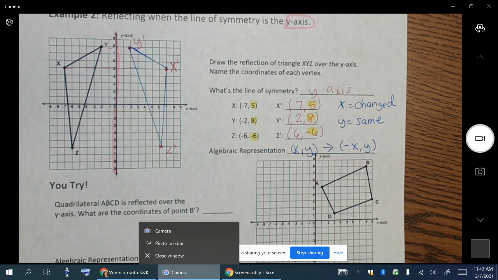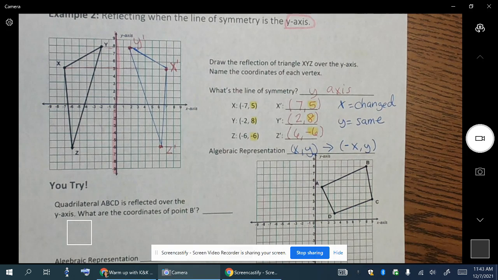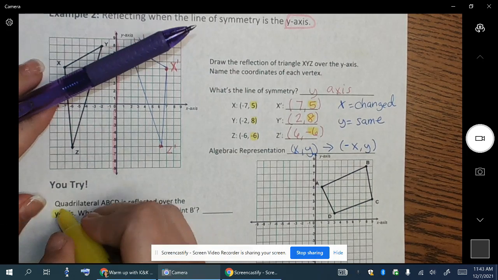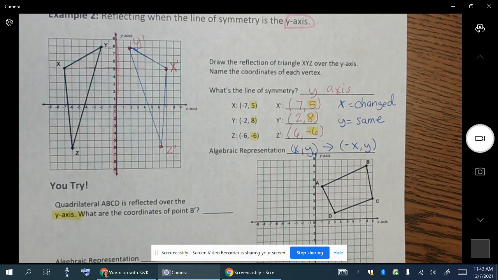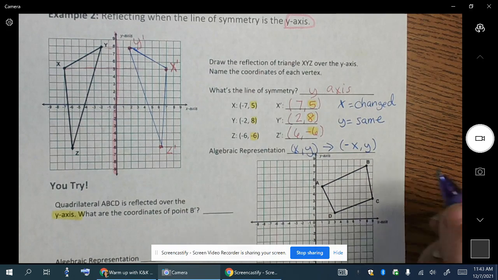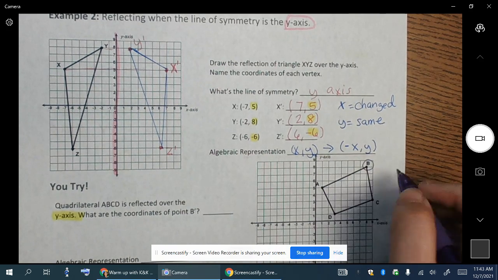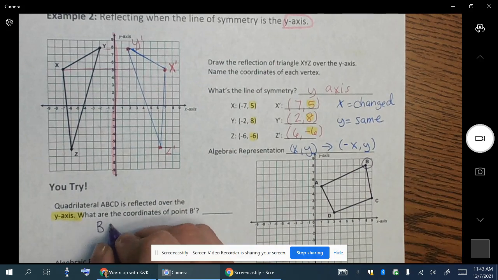All right. Quadrilateral ABCD is reflected over which axis? Y-axis. What are the coordinates for point B? All right, so what is B right now? 8, 8.